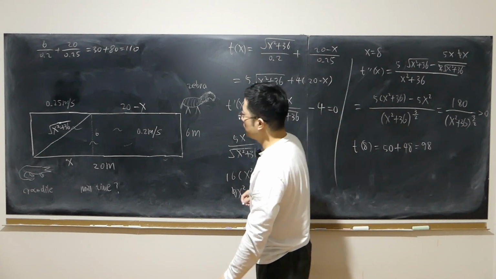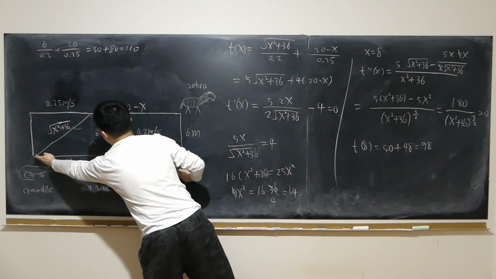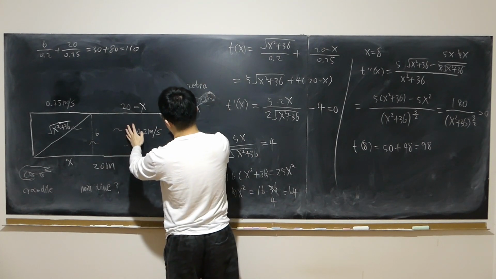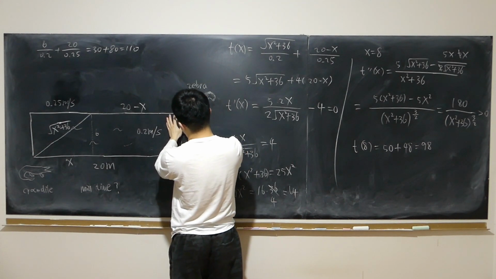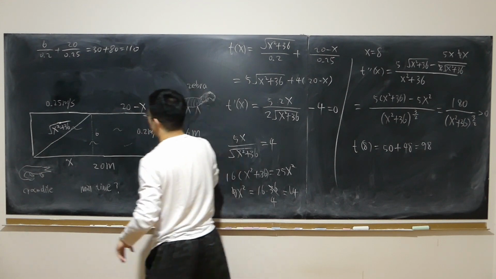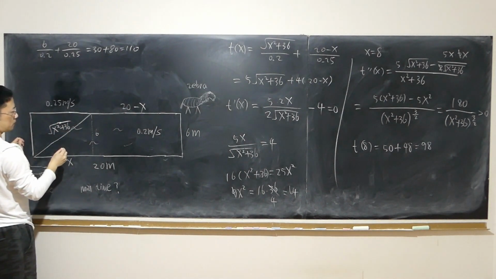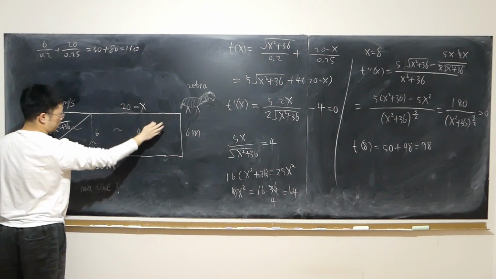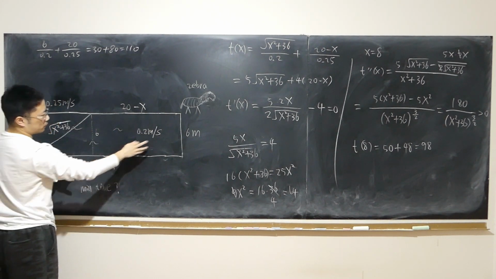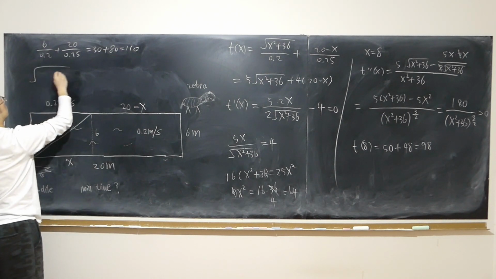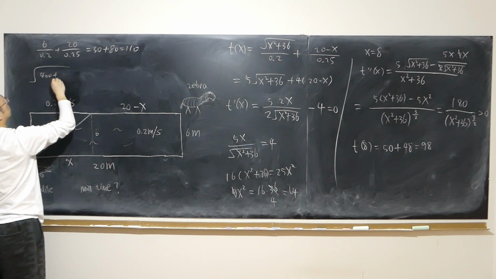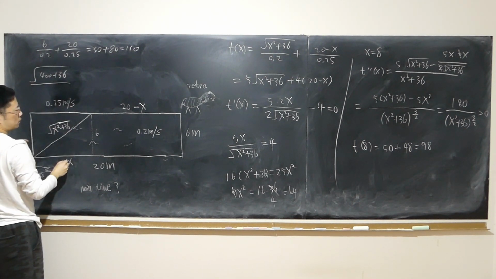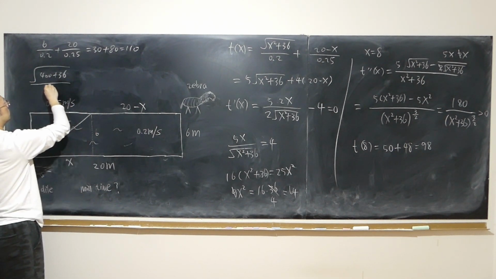Otherwise, if we travel from this point all the way to this point, the whole course is taken in the river. We travel 0 meters on the land. So what's going to happen? This hypotenuse, from this point to this point, is the square root of 400 plus 36, divided by the speed in the river, 0.2.